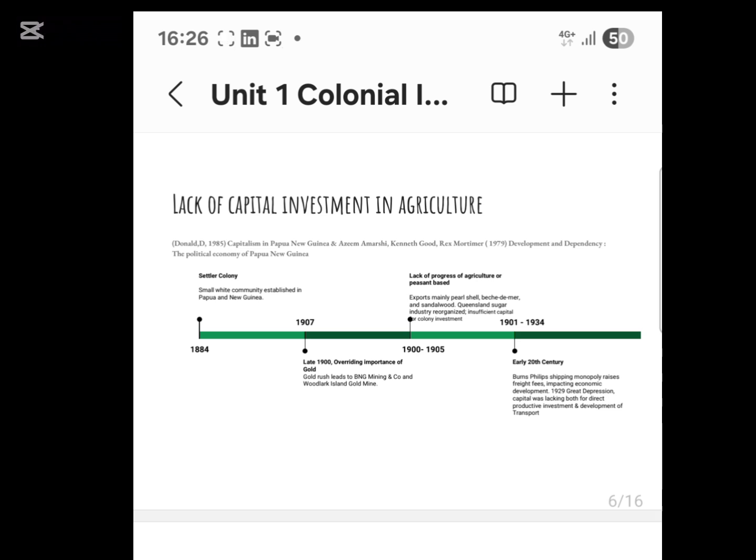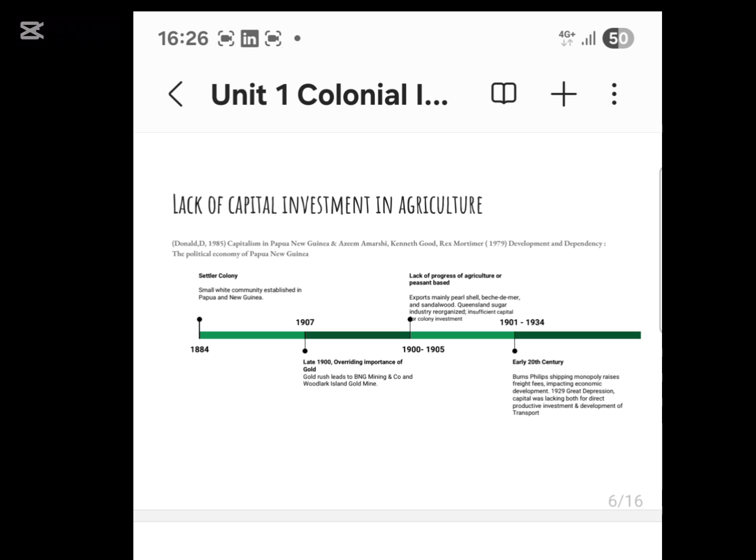So when the gold rush of the 19th century came in, it affected the agricultural economy. During that time, the economy was mainly exporting pearl shells, beach timber, and sandalwood, small-scale exports, but not that massive. There was an absence or lack of any agricultural development.